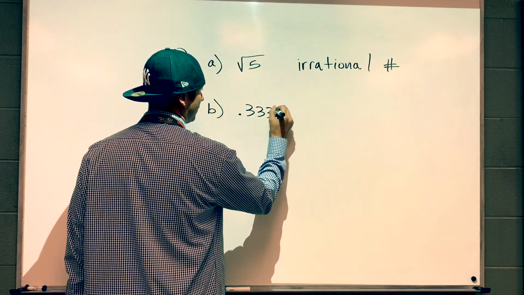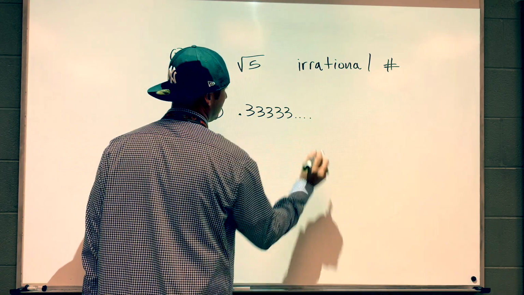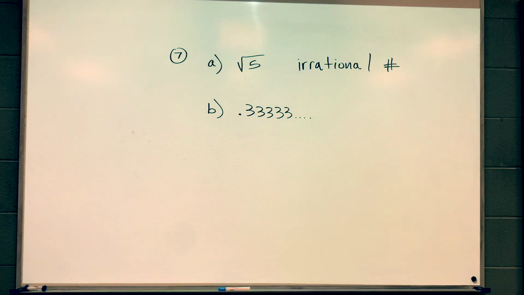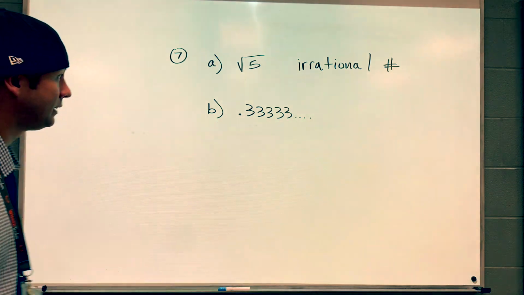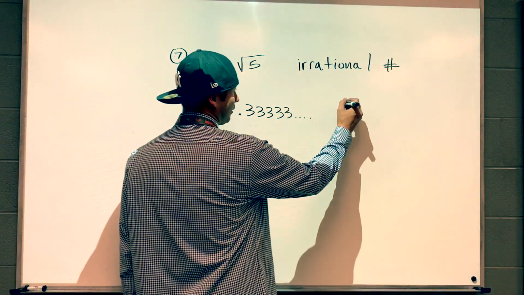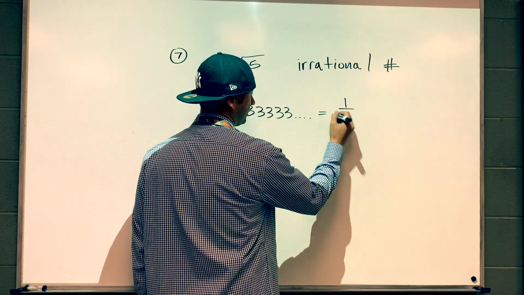Okay, here we have a decimal that goes dot, dot, dot. It never ends. But just because it never ends, this can be represented as a fraction. This is going to be 1/3.